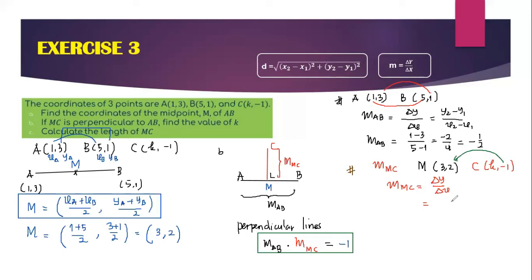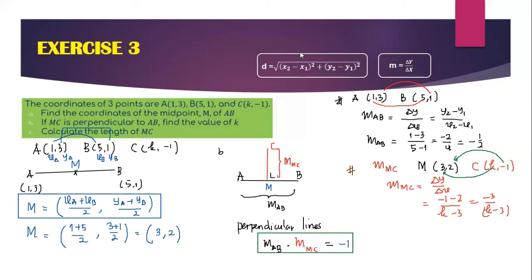So, minus 1 minus 2 over k minus 3. You can simplify this one: minus 3 over k minus 3 in the bracket. Next, we go to the perpendicular lines.